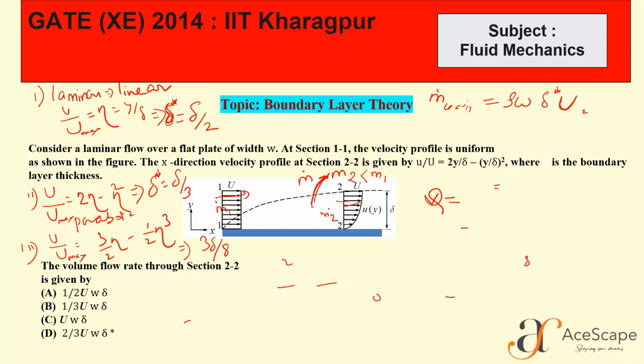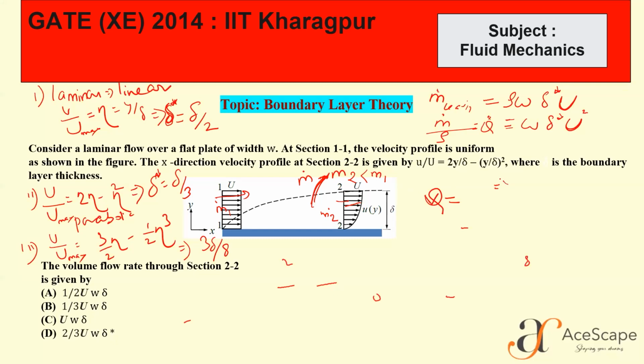In this case, it is asked for the volume flow rate through the section. So this value gives the mass; if we divide it by the density, what do we get? Mass upon density is nothing but volume flow rate, Q dot. So we get W, del star, and U. So the Q dot leaving from this boundary layer is given by W into del star into U. Then what is the volume flow rate flowing through this section?